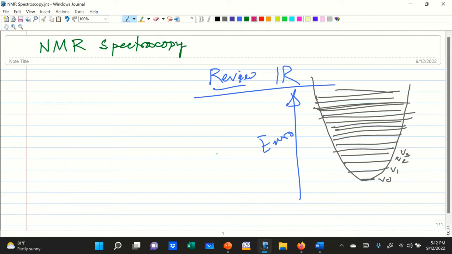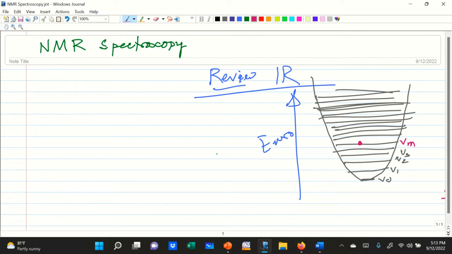So what happens is, a molecule, because of its vibration, we are talking about the vibrational motion only, is at a certain vibrational energy level. Let's say that is somewhere like Vm. I'm saying that because it's not such a small number, it's a large number.